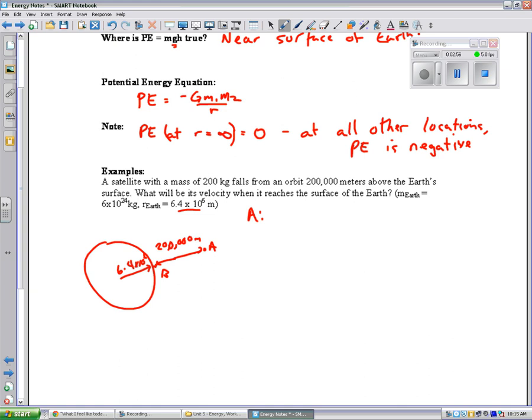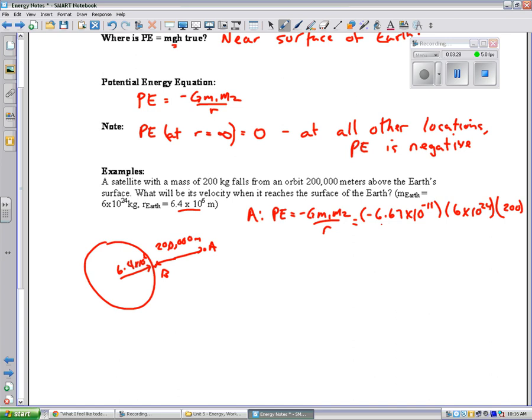So at point A, it's going to have PE equals negative G M1 M2 over R. Now, if you remember, the G is 6.67 times 10 to the minus 11th. M1 is the mass of the Earth, 6 times 10 to the 24th, times the mass of the satellite, which is 200.